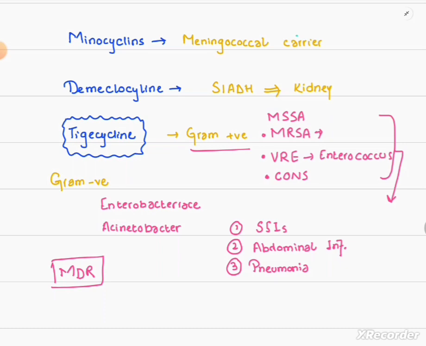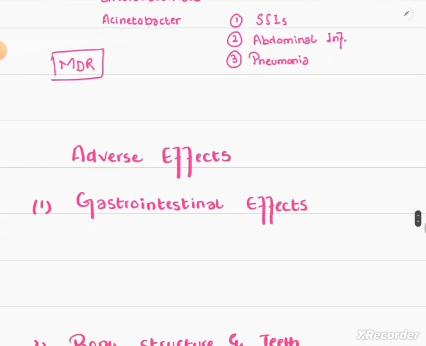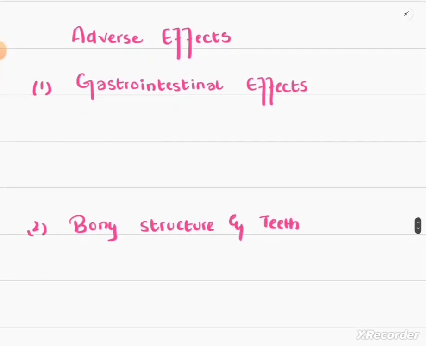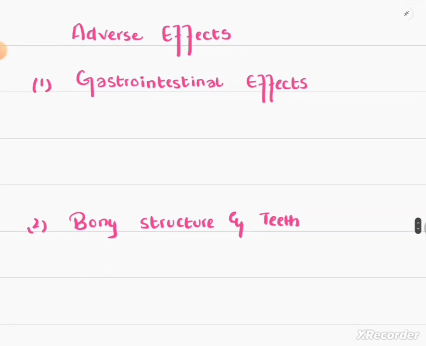Now we'll move towards the adverse effects of these drugs. The most common side effects of tetracyclines are gastrointestinal side effects, and they cause nausea, vomiting, which are the most common adverse effects of almost all the drugs.